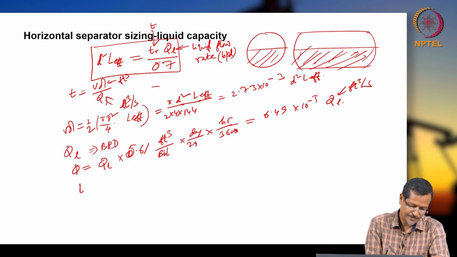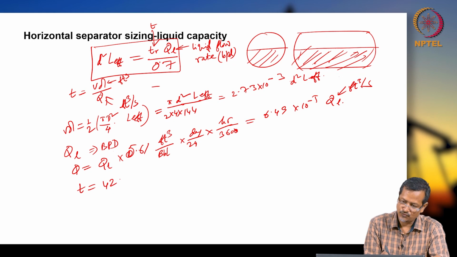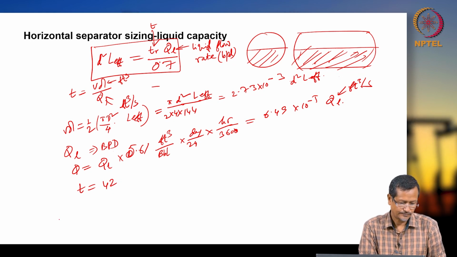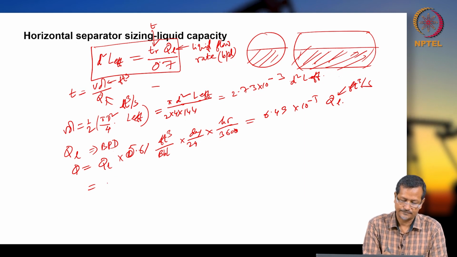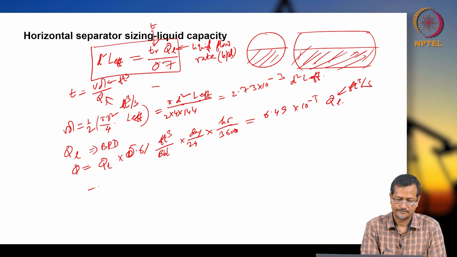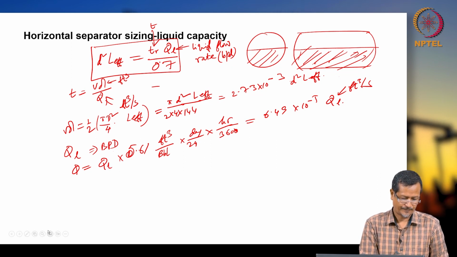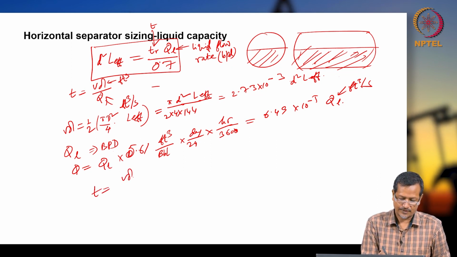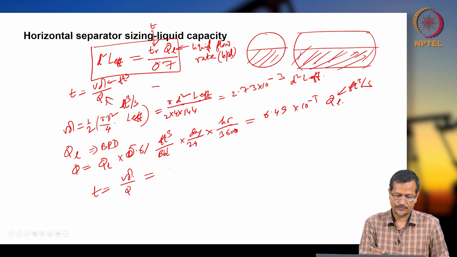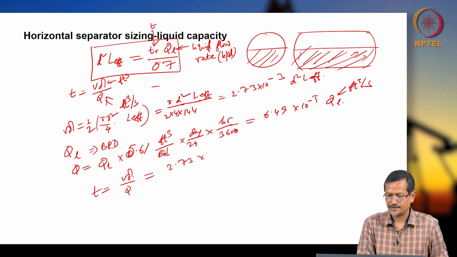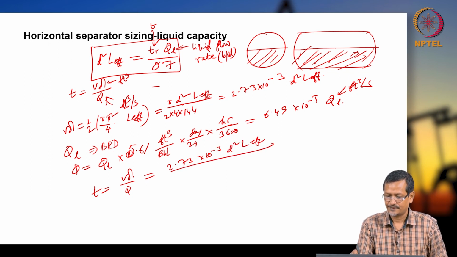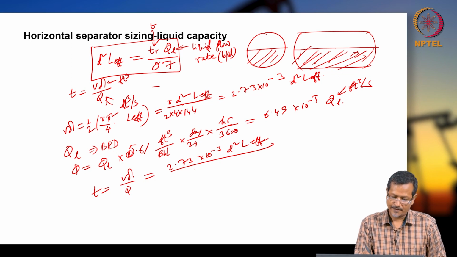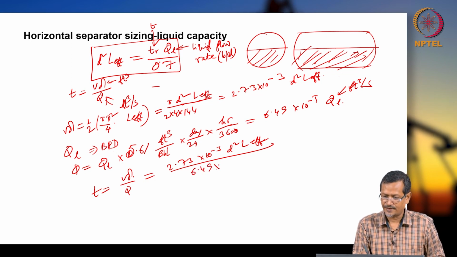Now from the beginning of this, right. Now t equals volume divided by Q. So this will give 2.73 10 power minus 3 d square L effective divided by Q, which means 6.49 into 10 power minus 5 QL.